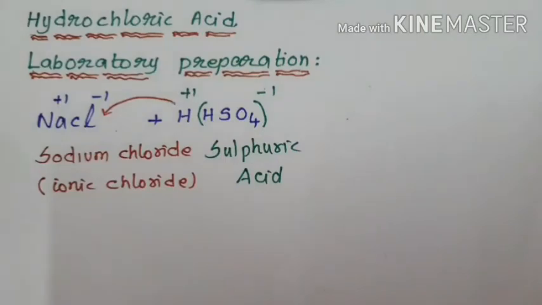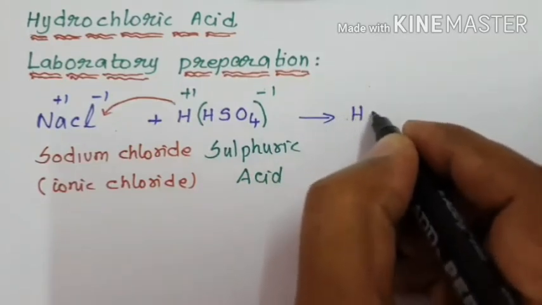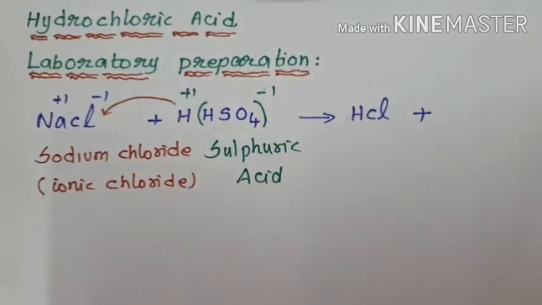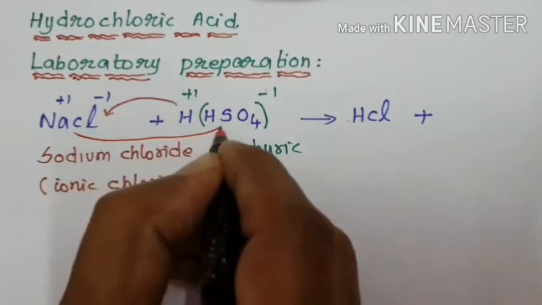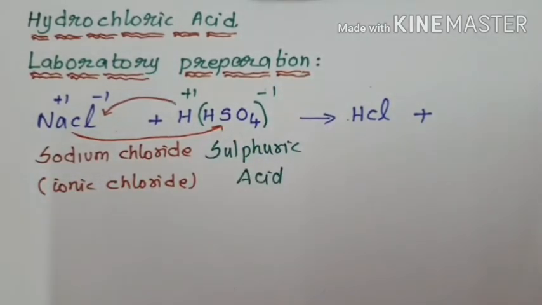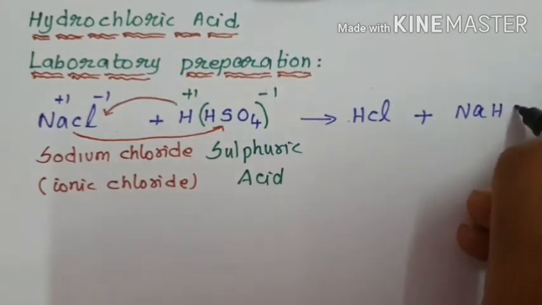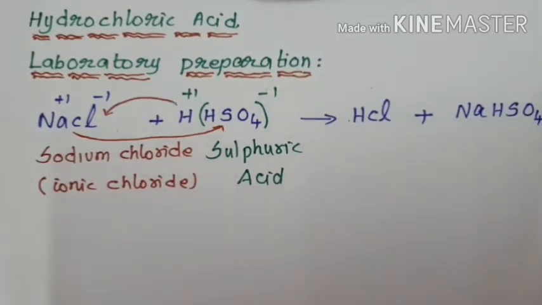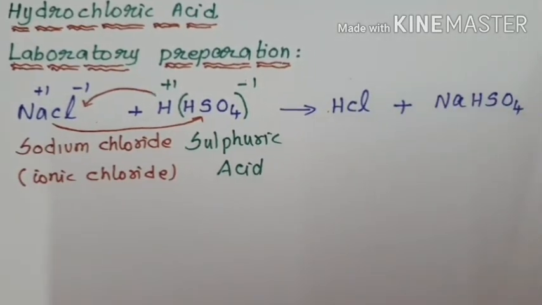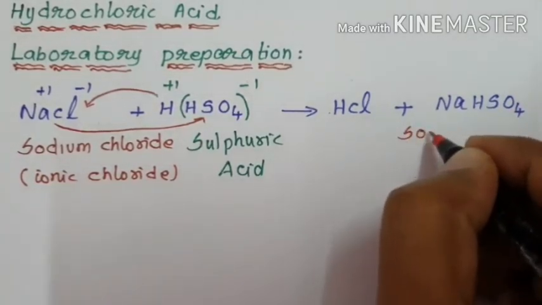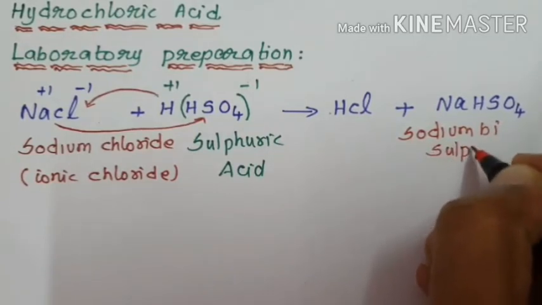So hydrochloric acid is prepared in this reaction, along with Na plus, which combines with HSO4 minus to give NaHSO4. The first compound name we know; the second compound name is sodium bisulfate.